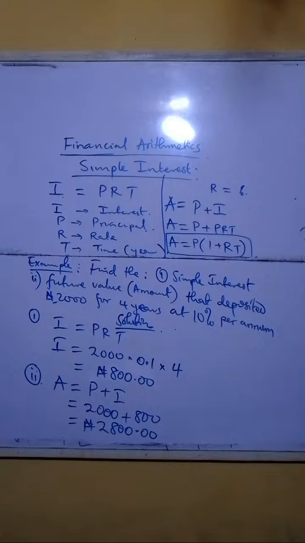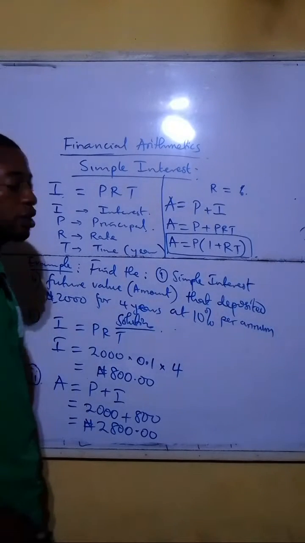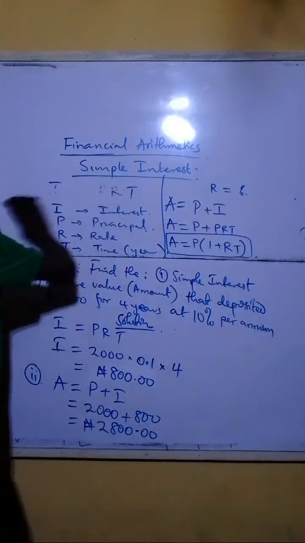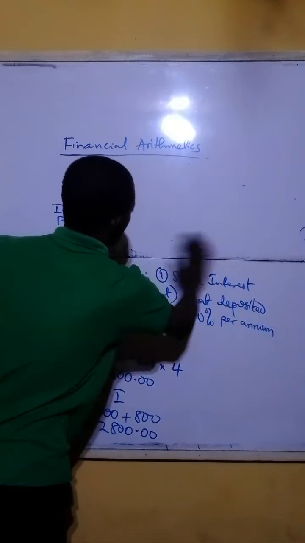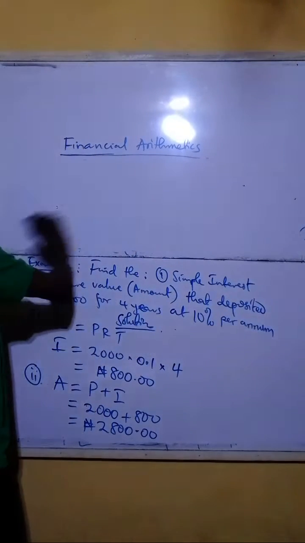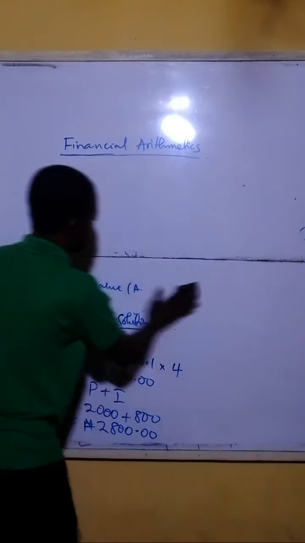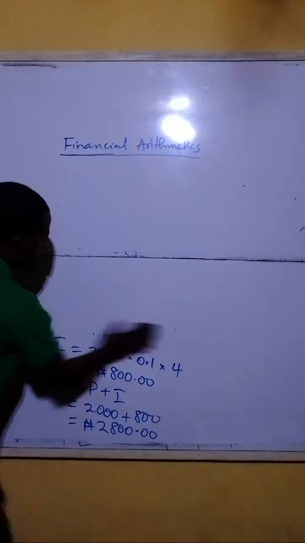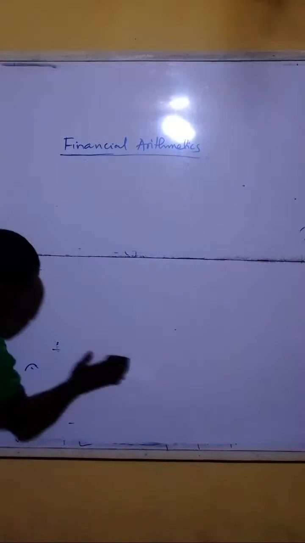Okay, so the next one that follows this, we have compound interest. And when we look at the word compound, it's just a series of back-to-back simple interest.